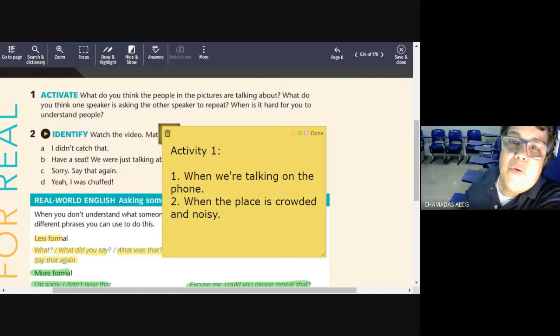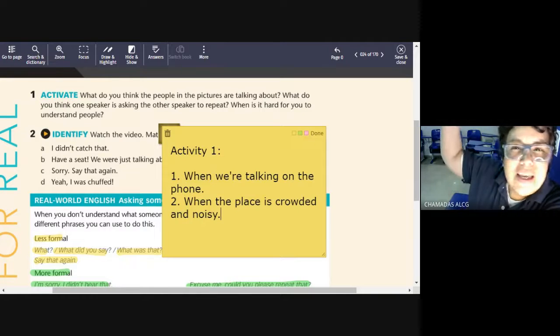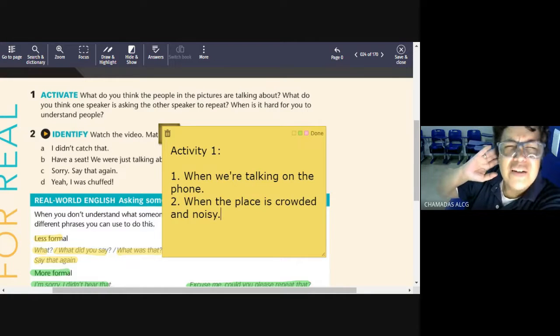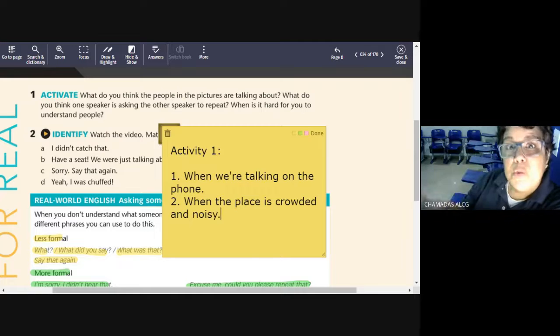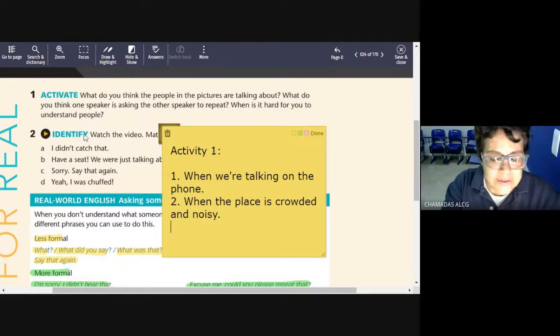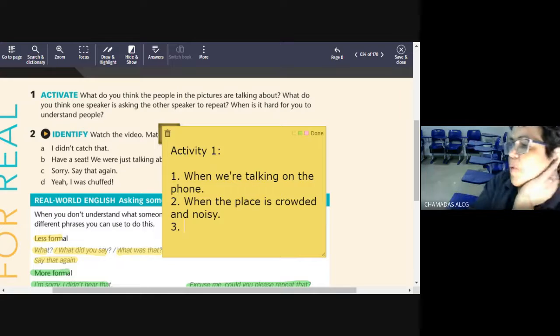For example, at a bar, right? Or at a dance club, the music is very loud and it's difficult to understand what people say. Very difficult, isn't it? Is there any other situation?